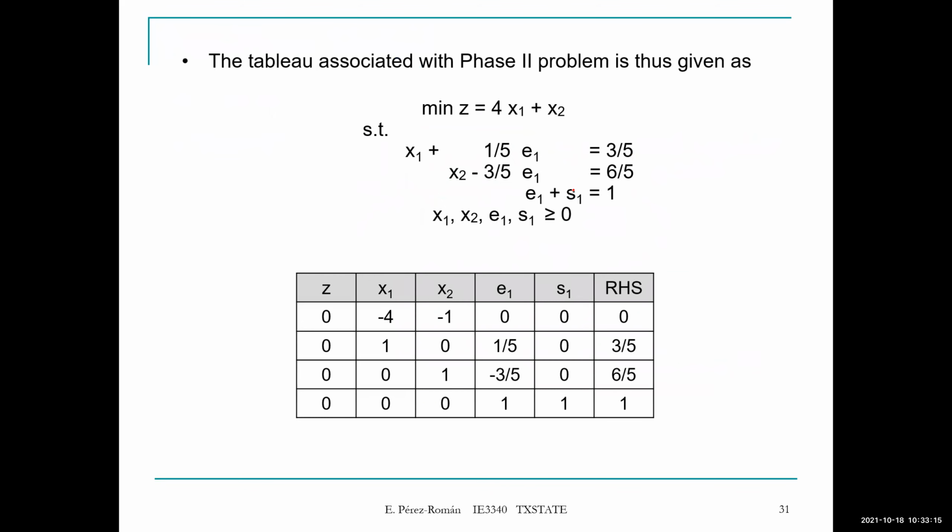So if we set this up in the tableau format, again, we need to move the objective function coefficients to the left. So this is z minus 4x1 minus x2. So those coefficients are now showing up in the objective function, minus 4, minus 1. And these are the coefficients for the constraints.